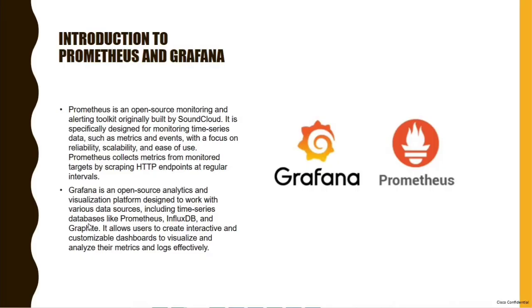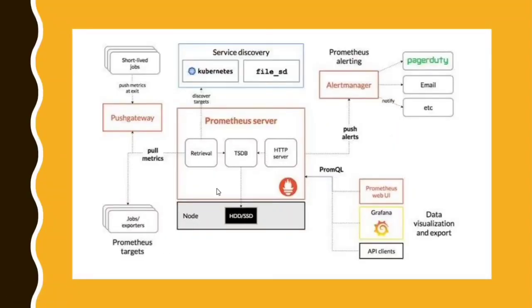Now let's move on to the architecture of Prometheus and let's see how things work here. So the Prometheus server has three main components that help in performing monitoring effectively. One is retrieval, another one is the TSDB, the third one is the HTTP server.